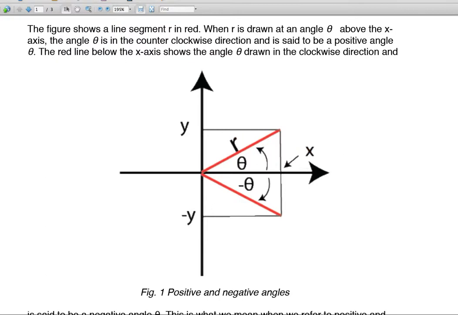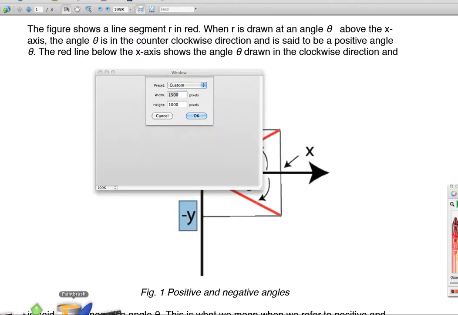So if the sine of theta is y divided by r, then the sine of negative theta, the sine of this negative theta right here, is negative y divided by r, because the length of this line here is also r. It's a lot to grasp here, so let me say it again and draw the diagram.